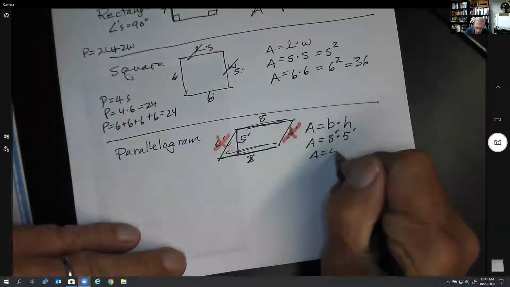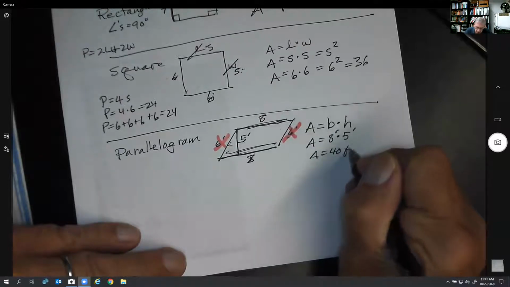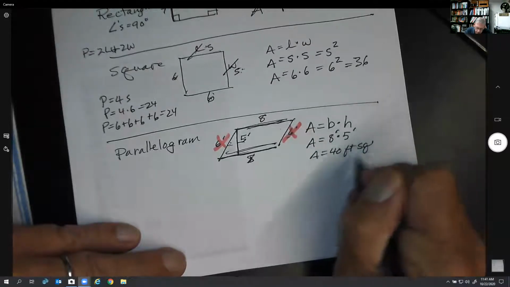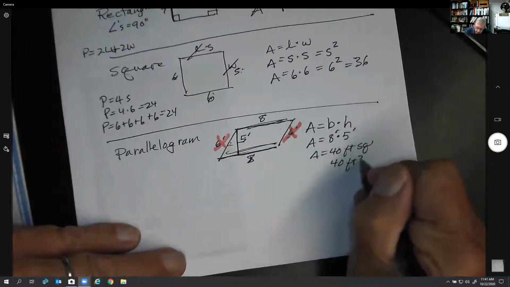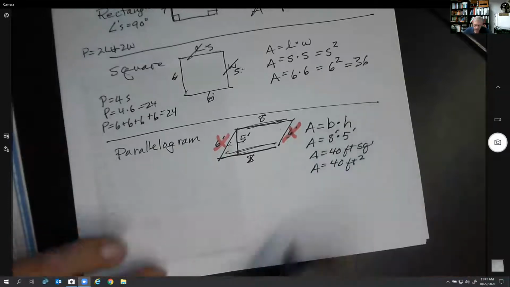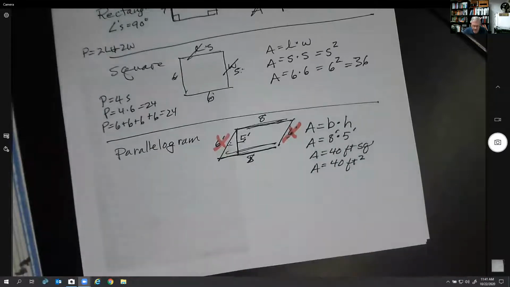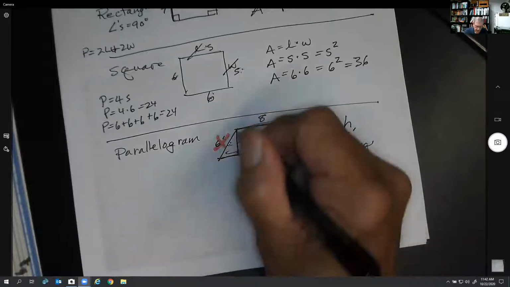So area is 40 square feet, like that. Area is always going to be in square feet, whether it's a circle, a triangle, it's always the same. So base times height, parallelogram. Ignore the sides, you need the height.